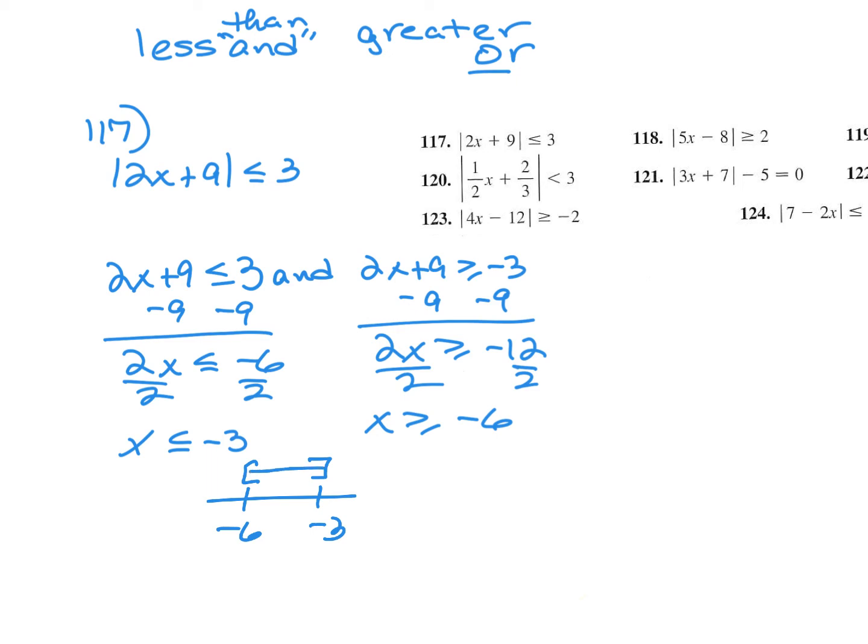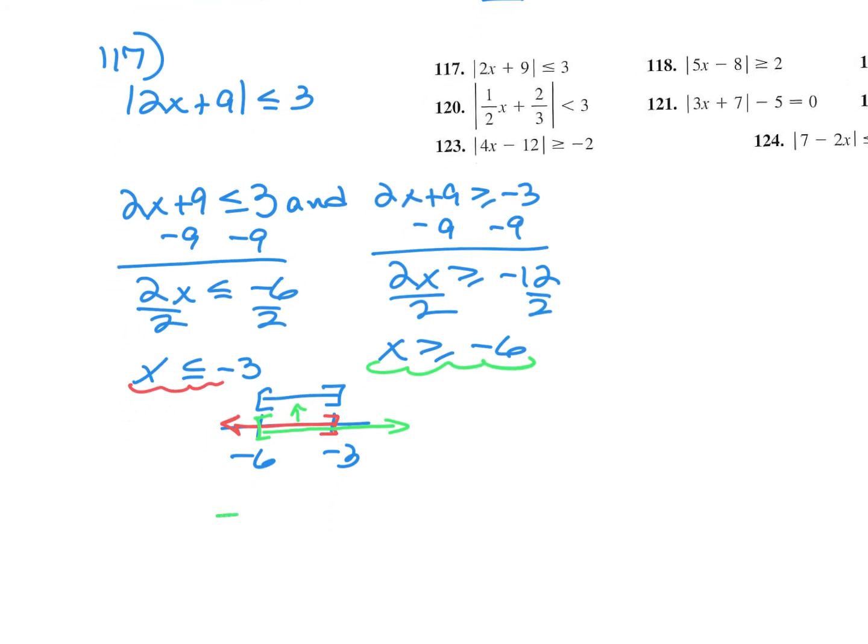Because if I graph this one, it would have been a bracket going this way, and then this one would have been a bracket going this way, and we only want the overlap where we see both red and green. So that's why the final answer was the blue. So again, in interval notation, you're just going to do negative 6, comma, negative 3 in brackets.